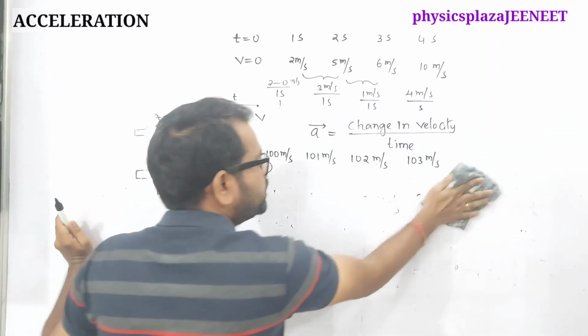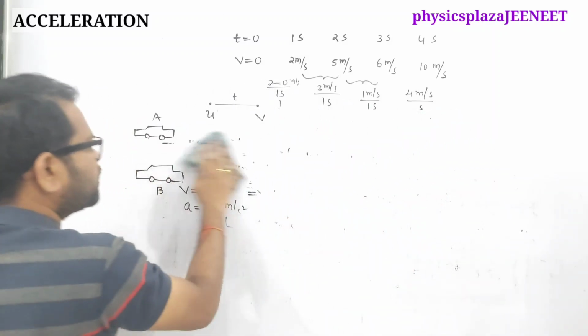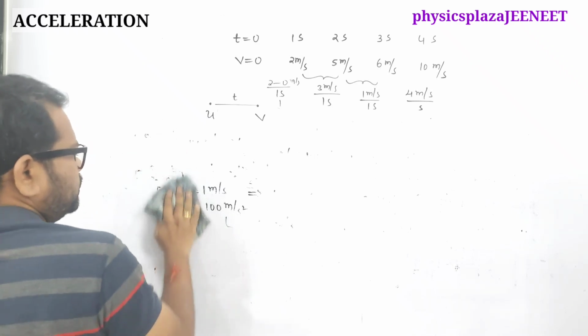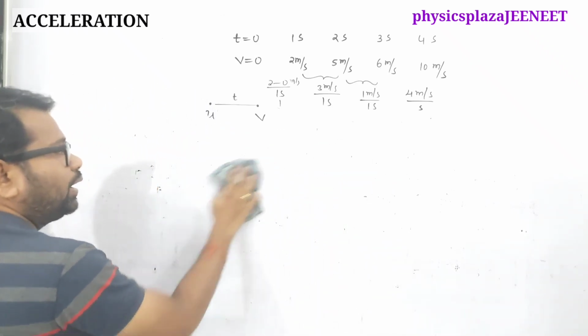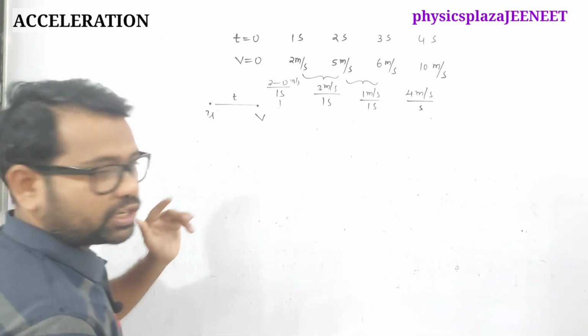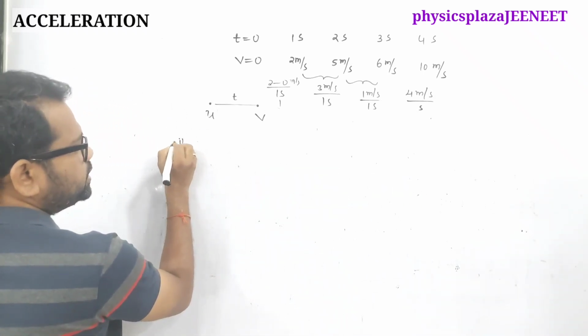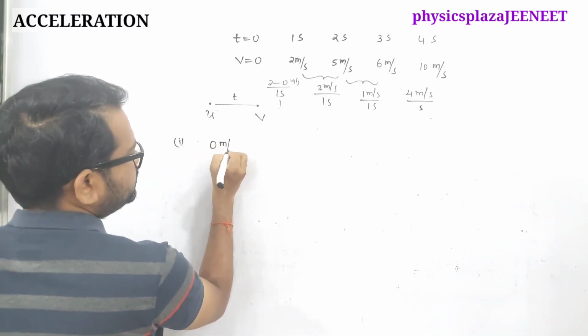Okay, fine. So now, children, we discuss. The acceleration is the rate of change of velocity. There might be a change in velocity in a uniform manner and also in a non-uniform manner. Let us take one situation. Initially the velocity is 0 meter per second.